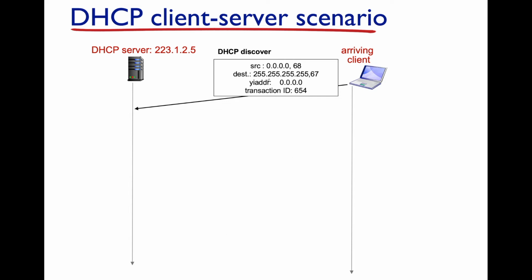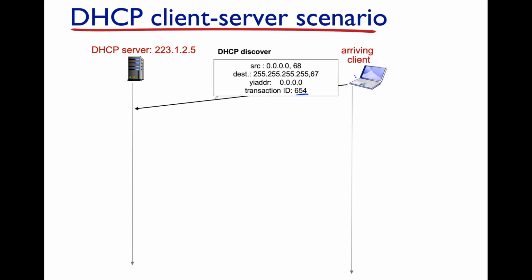Everyone in your local area network is going to receive this message. Now, of course, you have to be listening on port 67 in order to get this message. The DHCP server is listening on port 67. And they also have this thing called YIAddr, your internet address, and a transaction ID. That ID is the unique identifier for the request that's broadcasted by this client.